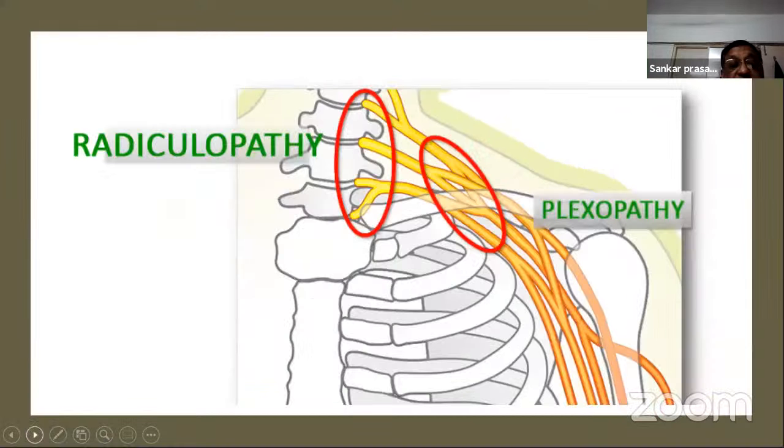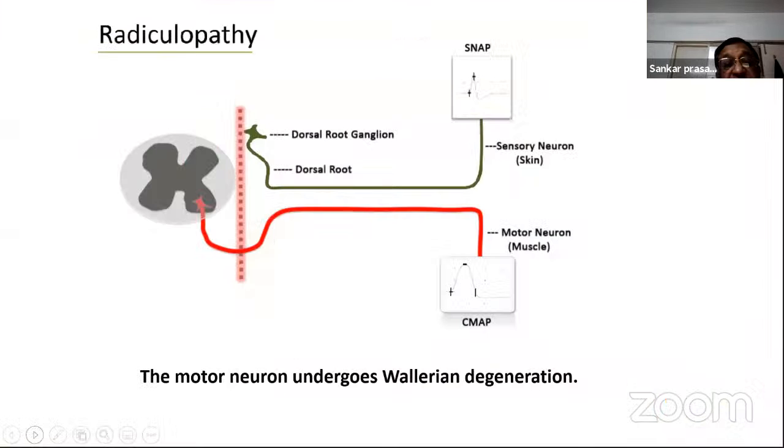Plexopathies are usually associated with sensory loss, and when you do sensory nerve action potentials, they are not seen, whereas radiculopathies will have normal sensory nerve action potentials. So elicitation of SNAPs is very important, and every one of you should do nerve conduction studies now and then, because SNAPs are a difficult task to get.